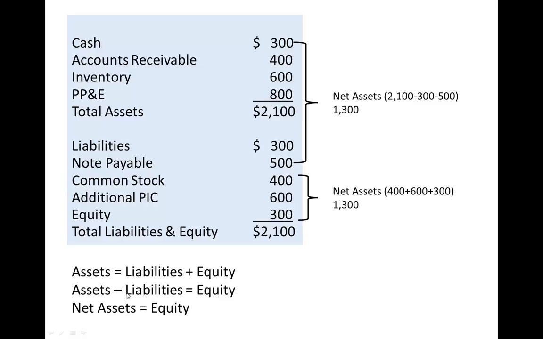Another word for assets minus liabilities is equity, or net assets. So you're going to need to identify the net assets at their fair value and their book value. In this example here, we take the assets, 2100, minus the liabilities to come up with 1300, and we also take the equity and it comes up to 1300 as well.